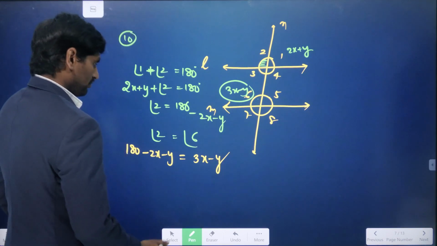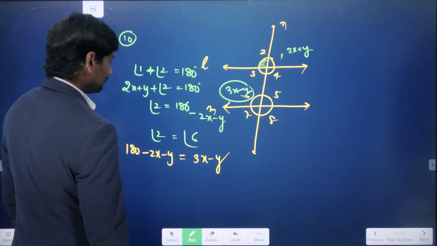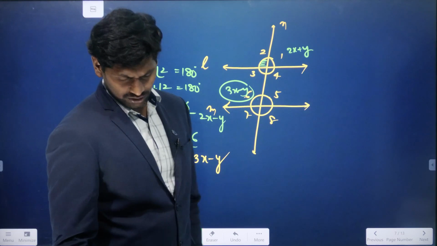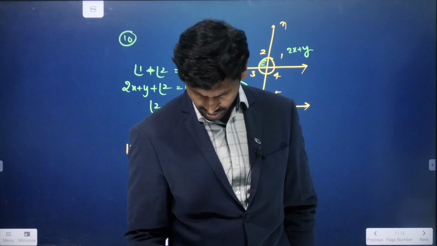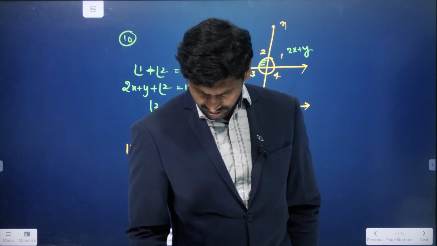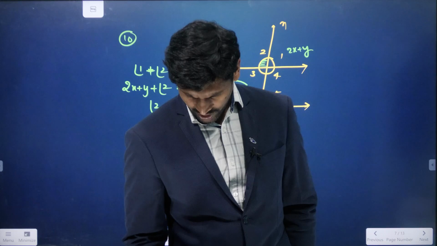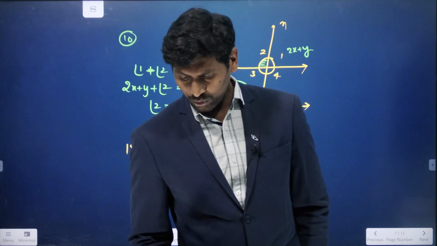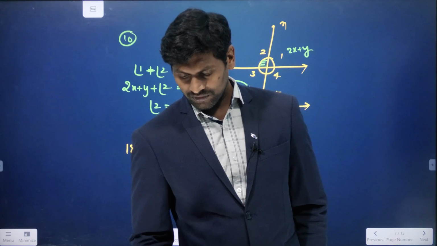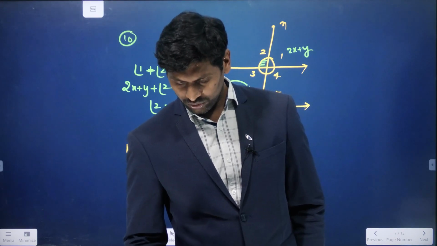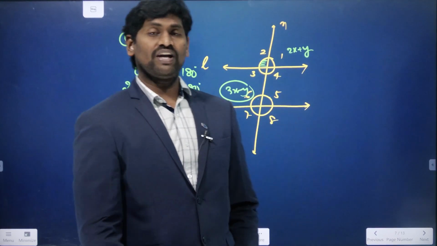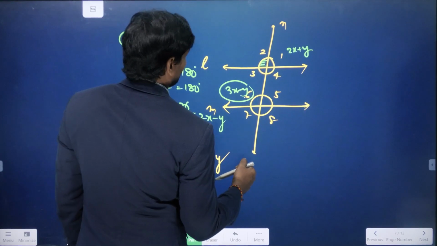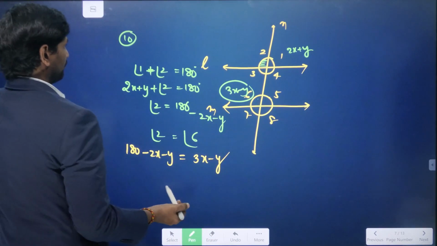So from this, we need to find angle 2, right? One second, let me check the question once. Yeah, angle 1 and angle 6 measurements are given, 3x minus y and 2x plus y. Then the measure of angle 2 in terms of y. So angle 2 in terms of y, yeah, let us check this one.